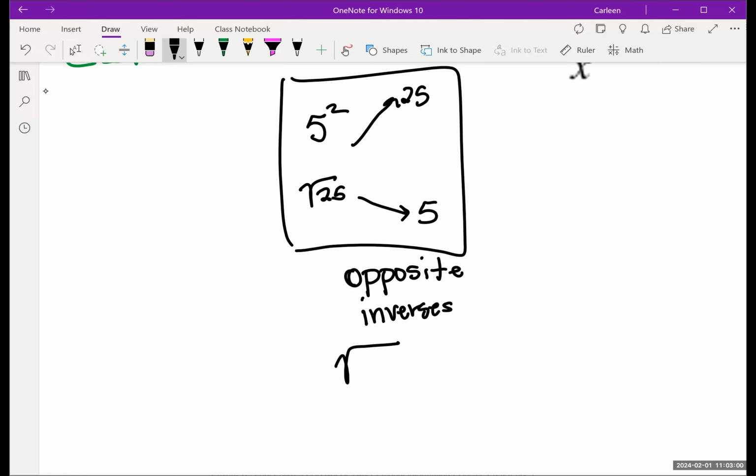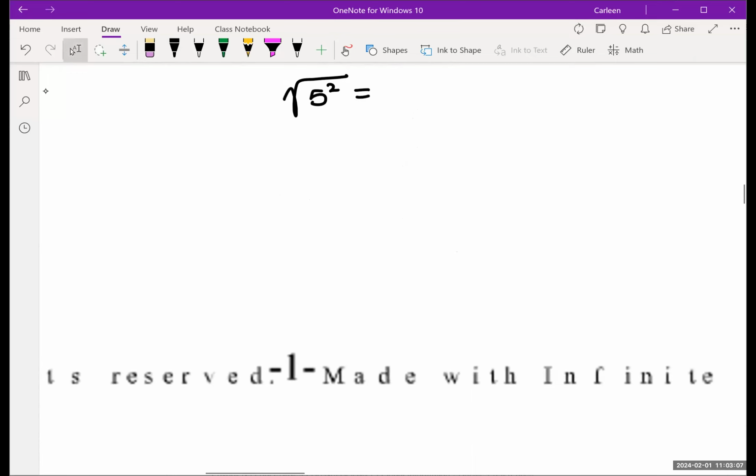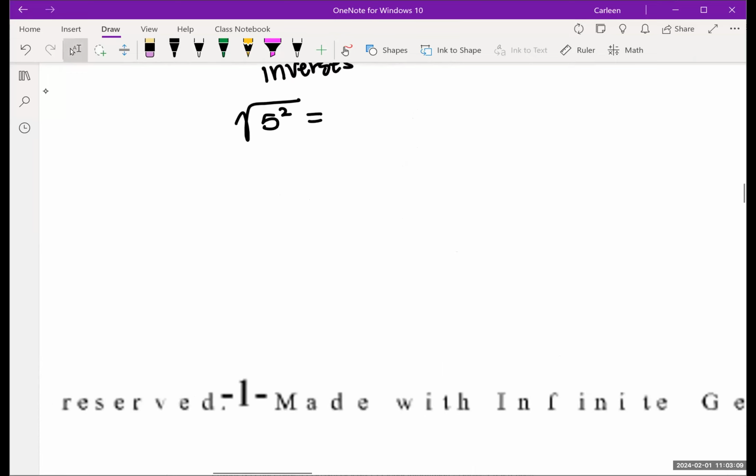So square root of 5 squared. Okay, let's talk about this. Square root of 5 squared is, yeah, are you thinking? Are you ahead of me? You're one step ahead of me. Is that the square root of 25? Are you with me?